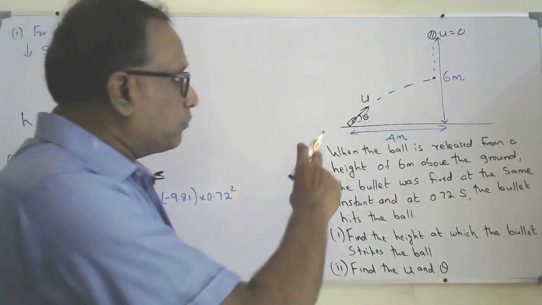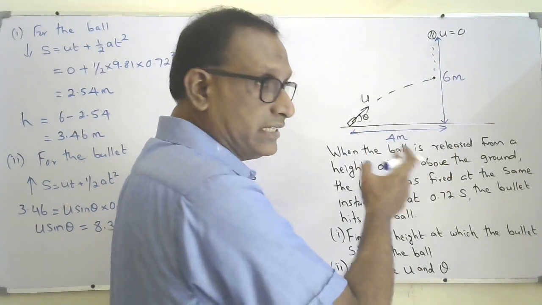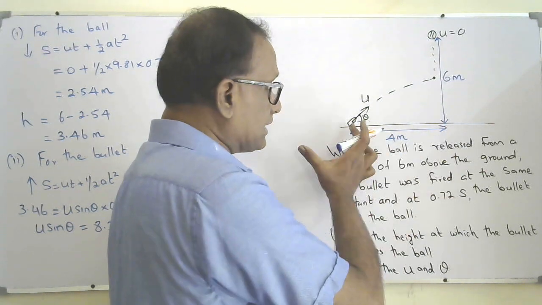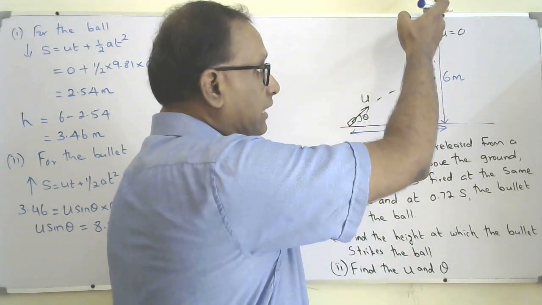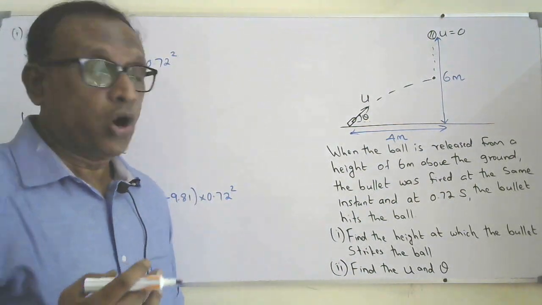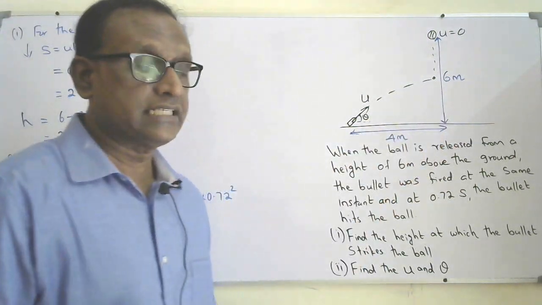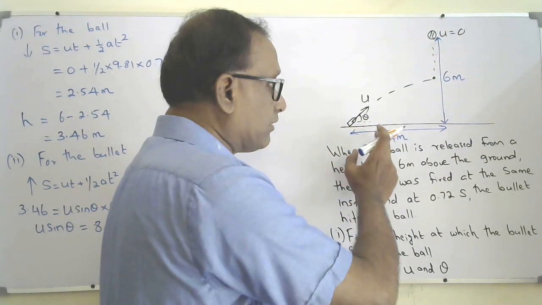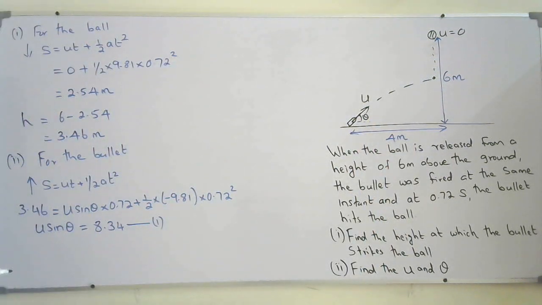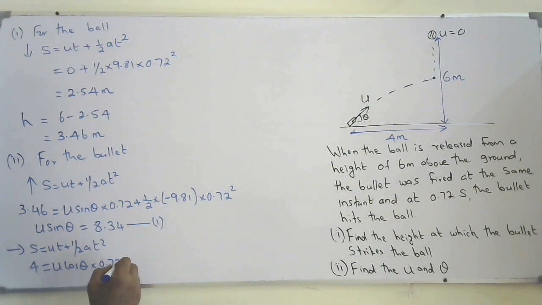Now, it's given in the question that the horizontal distance of the gun from the line of motion of the ball is 4 meters. So the horizontal displacement of the bullet will be 4 meters towards the right. For the bullet horizontally, s equals ut plus half at squared: 4 equals u cos theta into 0.72, plus horizontally no acceleration.